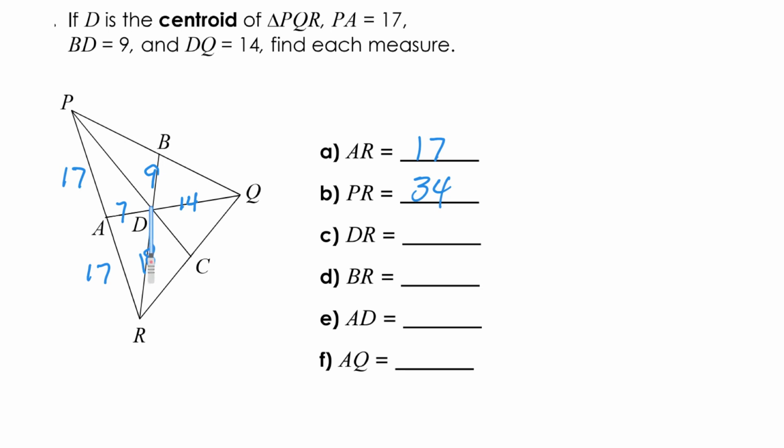And DR is already specified right here to be 18. BR is going to be the length of 9 plus the length of 18, making the total length 27, 9 plus 18.